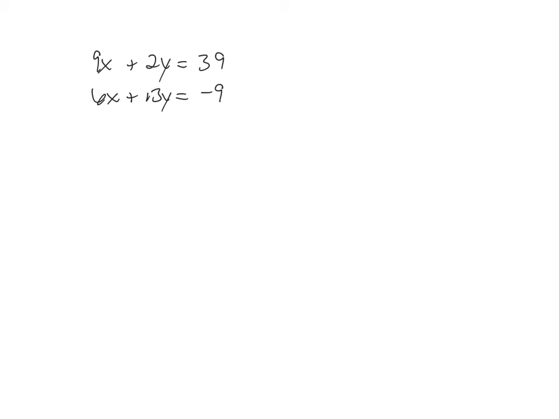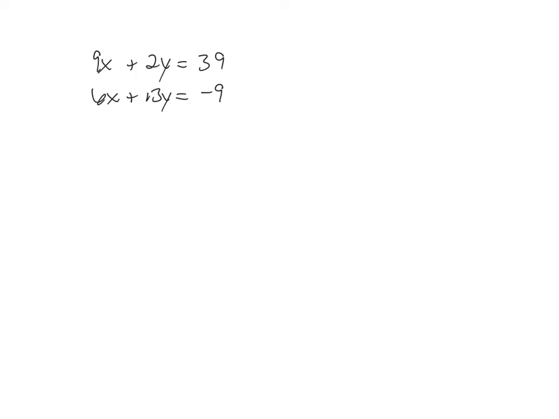Okay. All right, so again, no substitution here because I got numbers all over the place. So look at the small numbers. Okay, 2 to 13. Can I do 2 times something and make 13? No. Can I do 6 times something and get 9 for the x's? No. So that means I have to multiply both equations times something.